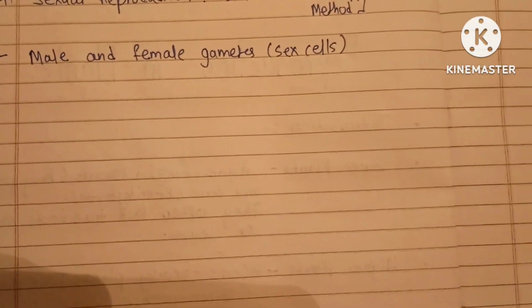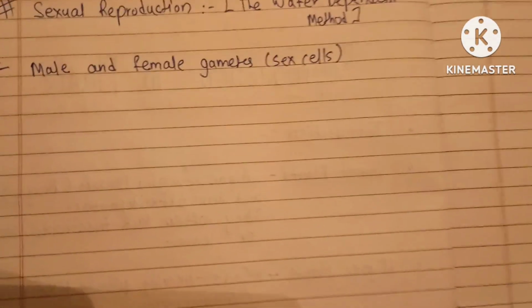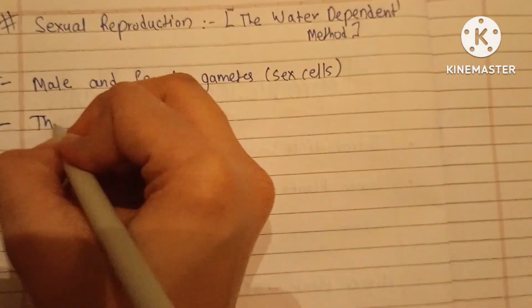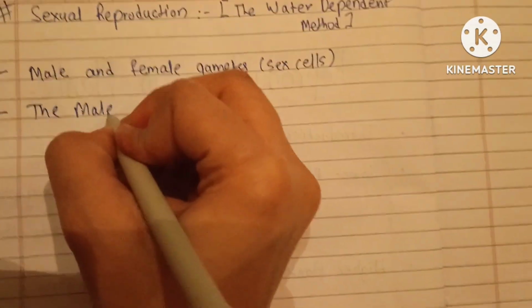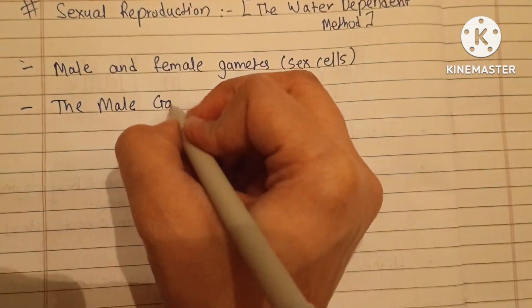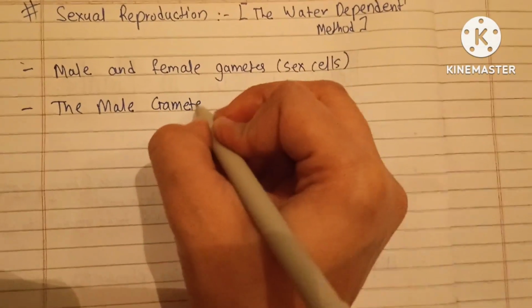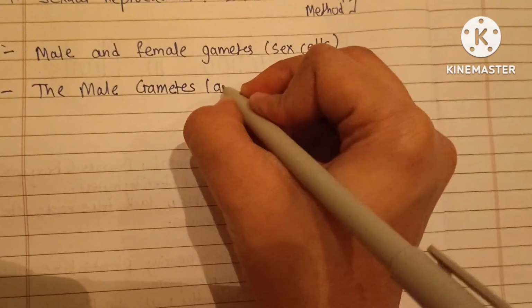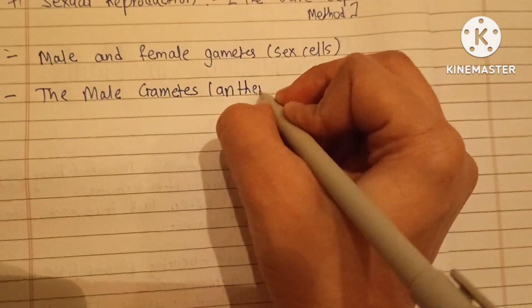In mosses and ferns, the male gametes are antherozoids.